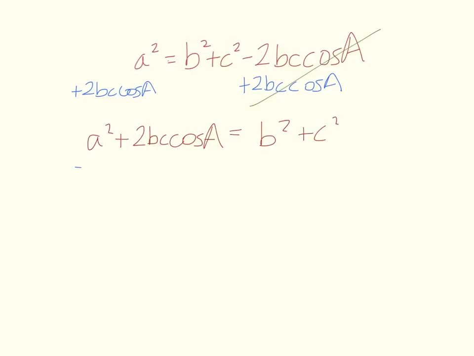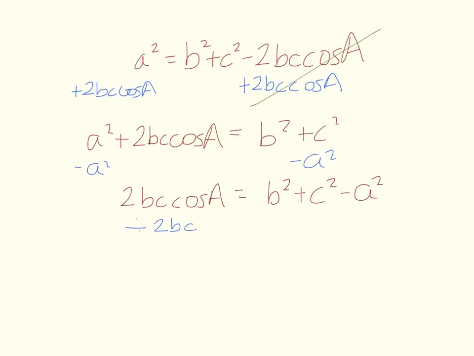I now am going to subtract a squared from both sides. So 2bc cos A equals b squared plus c squared, take away a squared, and finally I want it to be cos A equals, and at the moment cos A is being multiplied by 2bc. So I'm going to divide both sides by 2bc.